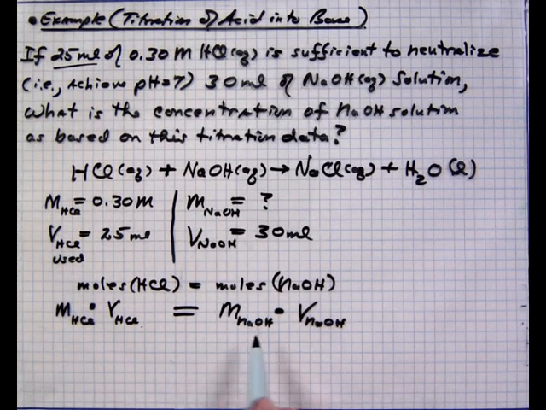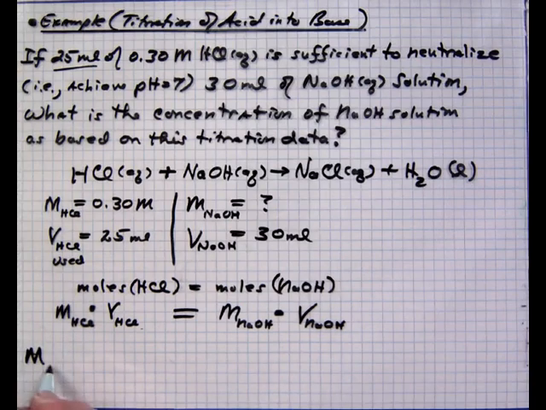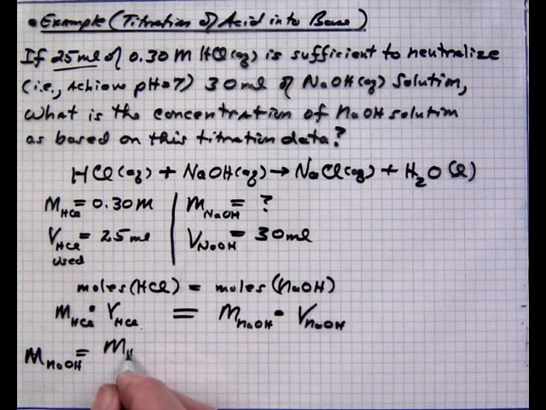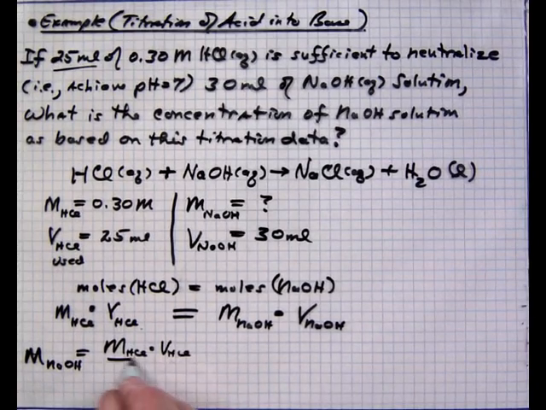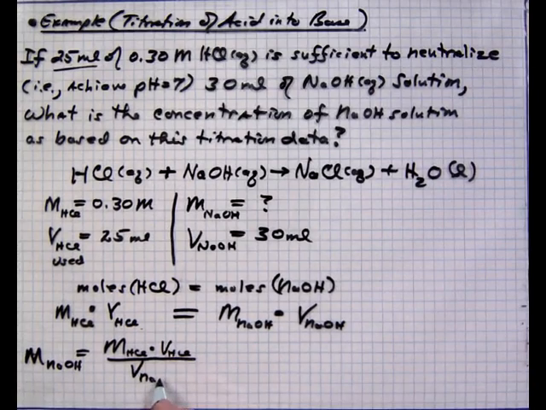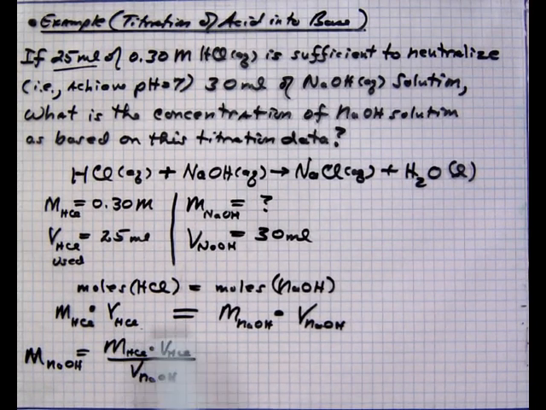Okay, now solving for the molarity of the sodium hydroxide, we have the expression: molarity of the hydrochloric acid times the volume of hydrochloric acid used, divided by the volume of sodium hydroxide specified. Now, since the equation has the same units on both sides, we can leave this in milliliters.